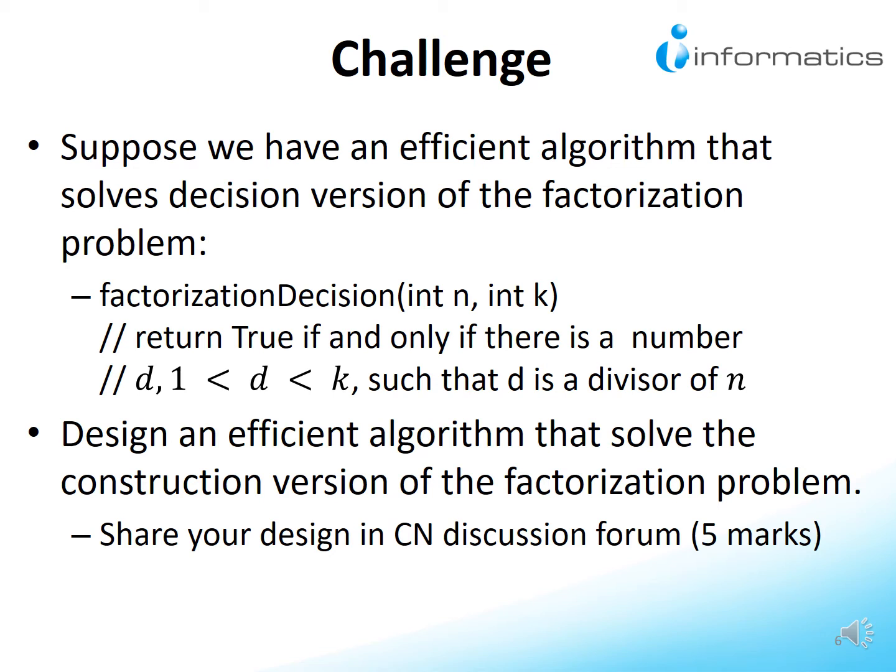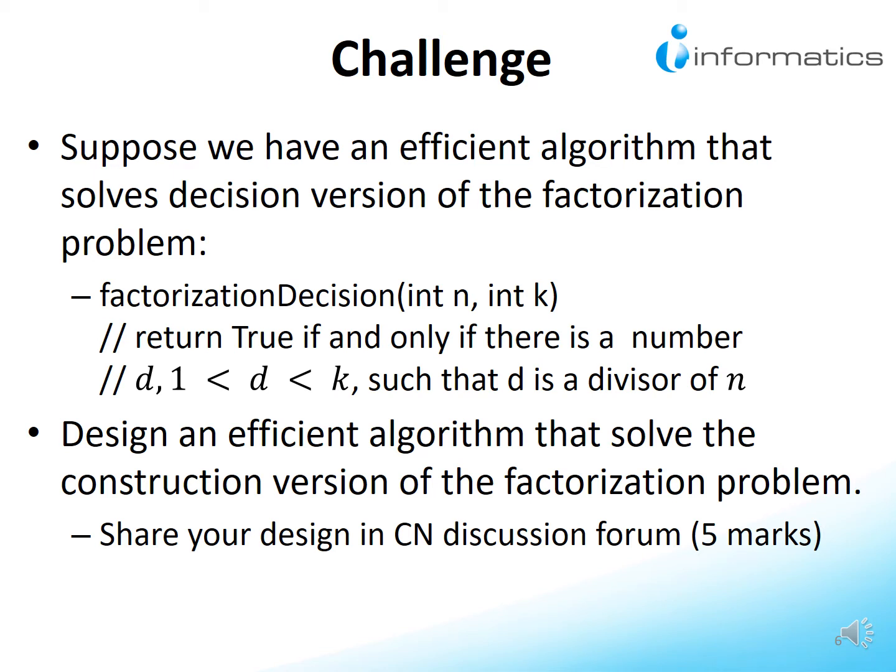In this challenge, you are supposed to have an efficient algorithm called factorization decision version that takes a number n and a threshold k. This function is already available, and it will say true if there is a number d between 1 and k such that d is a divisor of n.